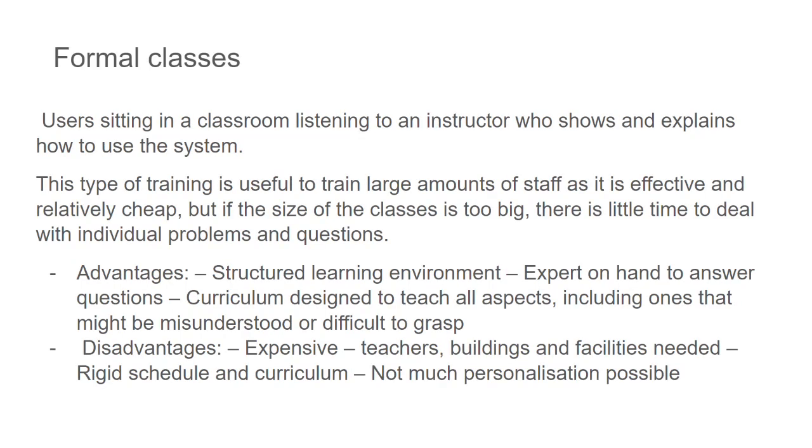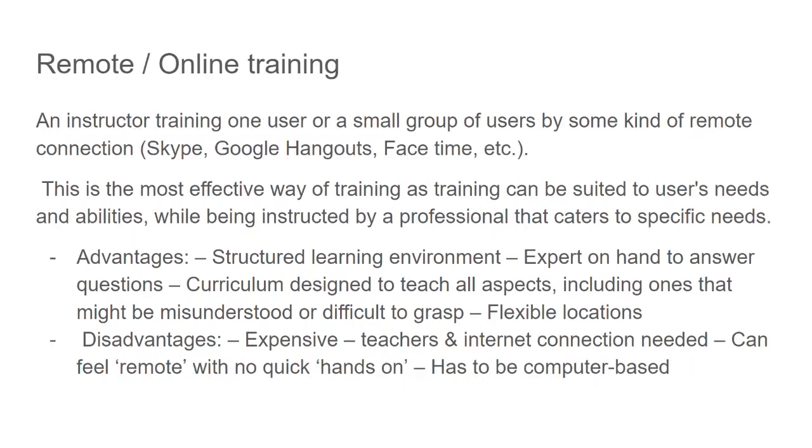In formal classes, it's a full curriculum, including the stuff which could be misunderstood. Since it's a formal class, it's not on your own time. It's expensive. You have various costs such as the teachers and building facilities, and you have the rigid structure. This is actually like taking classes, and not too much personalization is possible.